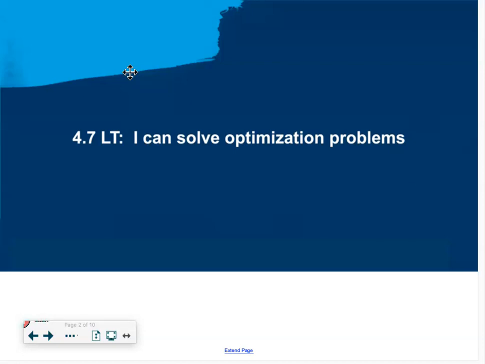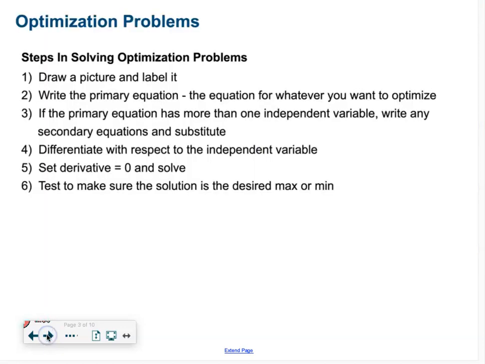So I'm jumping right in with giving you steps. Just so you know, optimization is really just max-min problems with words. It's really all it is. It's word problems for finding maxes and mins. But there's still some good guidelines to know.